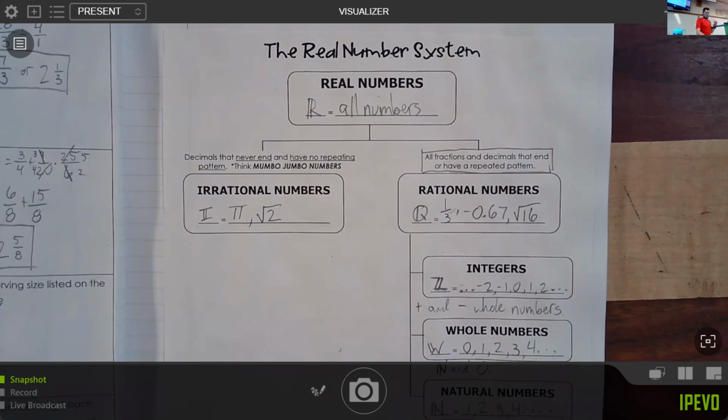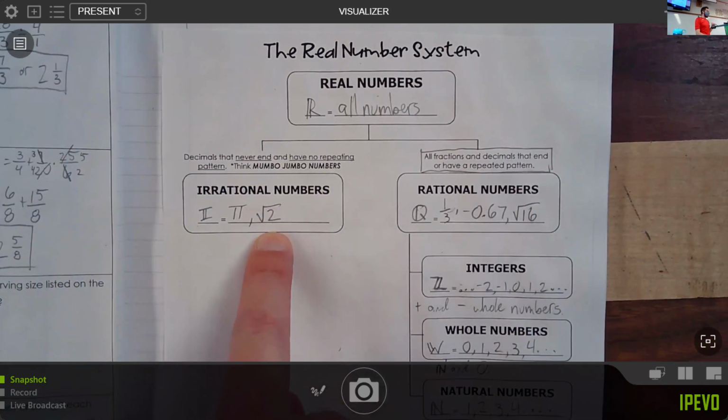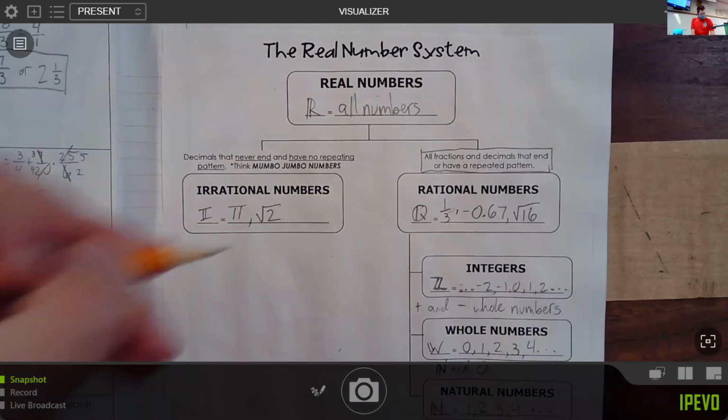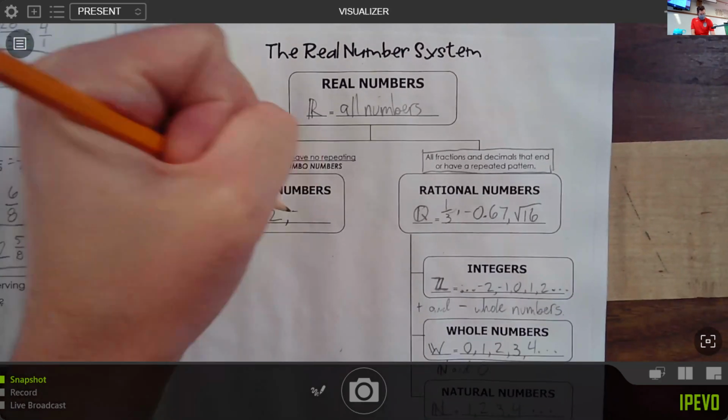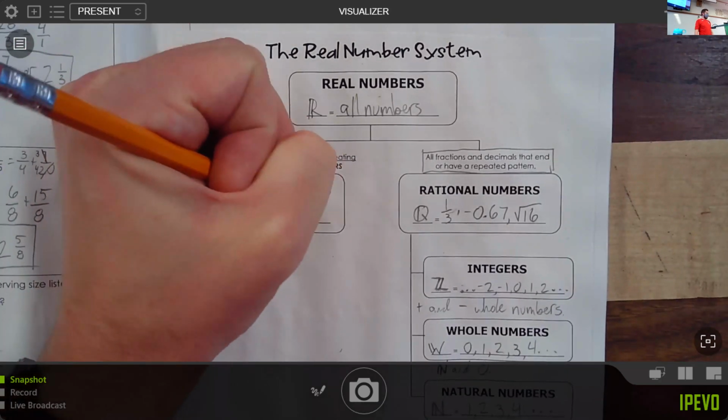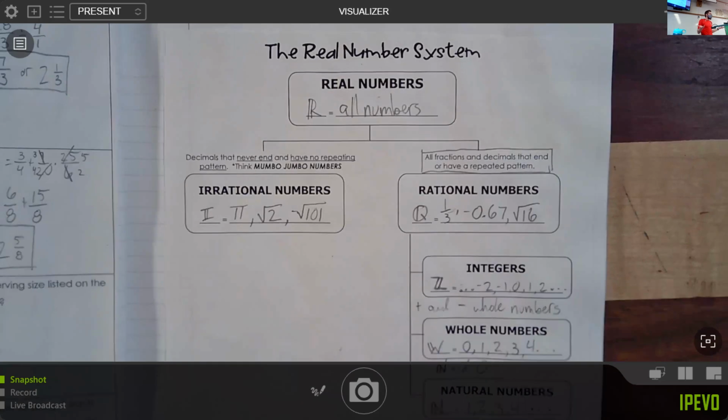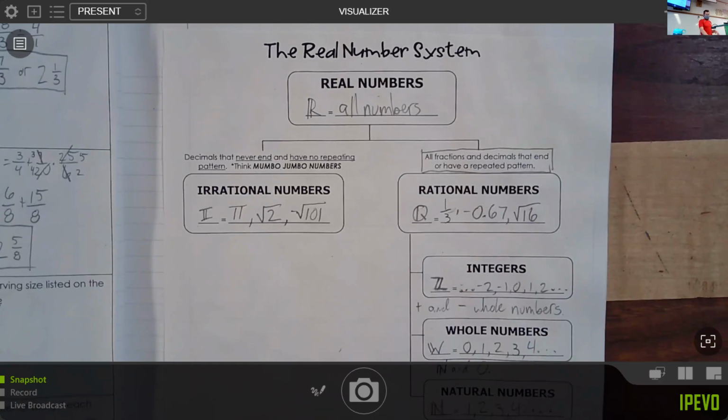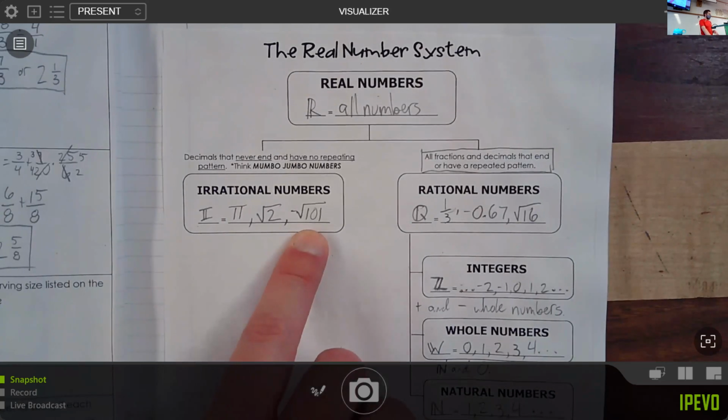So if you try to think about what number multiplies by itself to equal 2, it's 1.4 something, but it's irrational because it just goes on and on and on forever and it never repeats. Another example would be the opposite of the square root of 101. That would be negative 10 point something, because 10 times 10 equals 100, but 101 is just a little bit more than that.